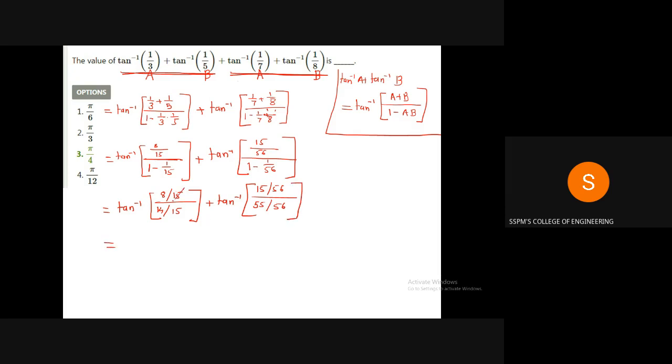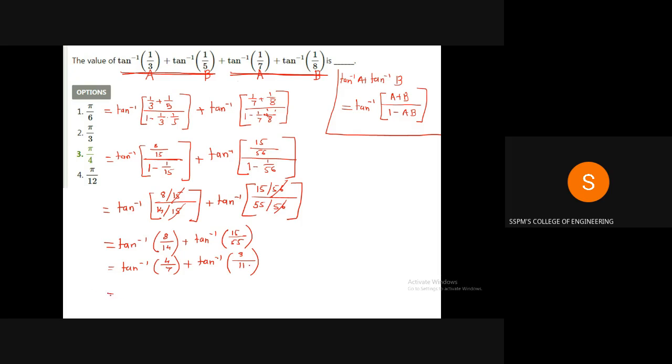So if we cancel out this 15 and this 56, we will get tan inverse 8 divided by 14 plus tan inverse 15 divided by 55, which is similar to tan inverse 4 upon 7, if we divide it by 2, plus tan inverse, if we divide it by 5, we will remain with 3 divided by 11. Tan inverse 3 by 11.